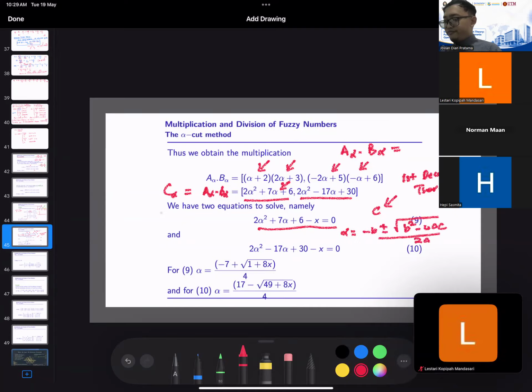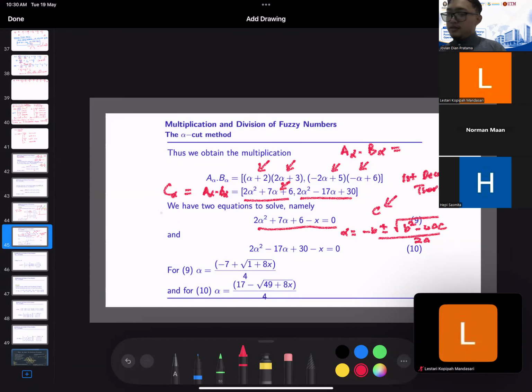So this is the formula. Am I right, Pak Jovian? Quadratic formula, I forgot. Maybe today I'm a little bit off, last night I could not sleep.